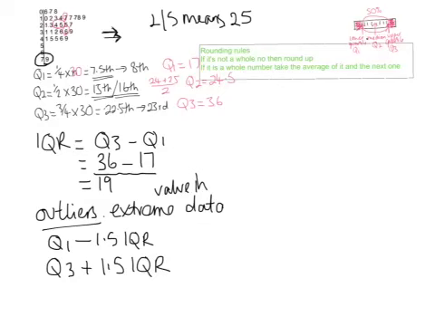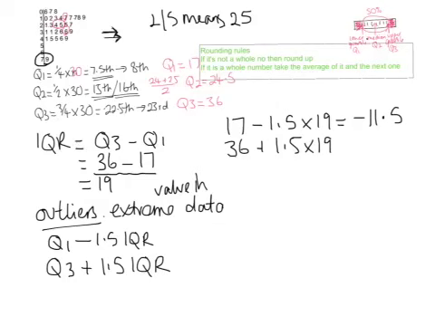So Q1 is 17 minus 1.5 lots of the interquartile range, so 1.5 lots of 19. And if we put that into a calculator, my calculator's giving me minus 11.5. And Q3 is 36 plus 1.5 lots of the interquartile range, which is 19. And I'm getting for that 64.5.